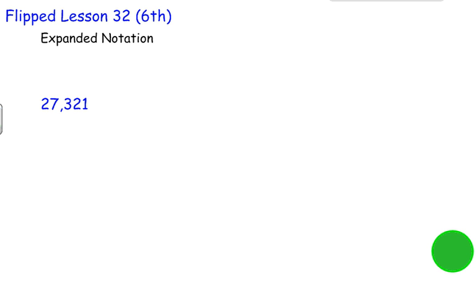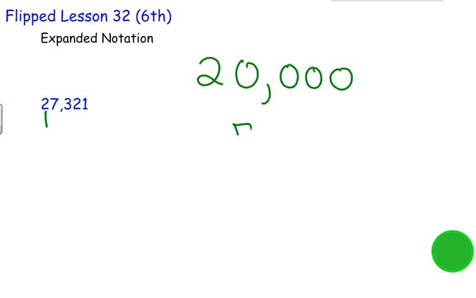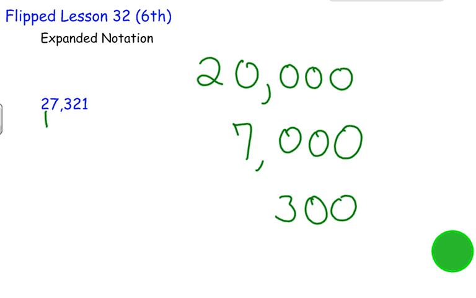With the number 27,321, we're really looking at a couple of different ideas. First of all, we can see that the 2 here doesn't represent the number 2, but instead represents the number 20,000. Just like the 7 represents the number 7,000, 3 represents the number 300, the second 2 represents the number 20.